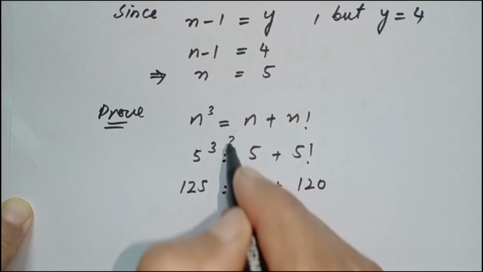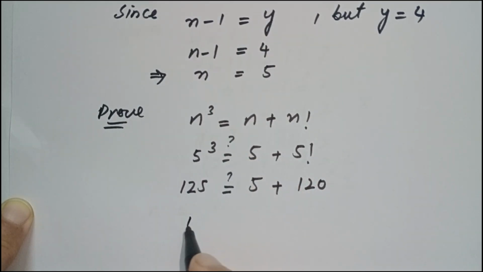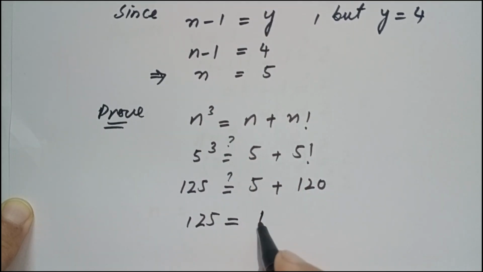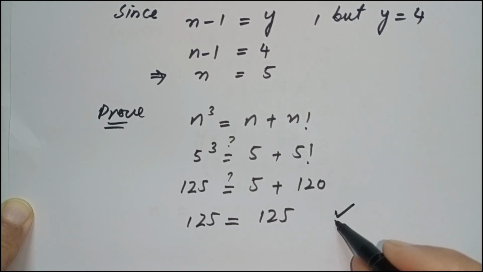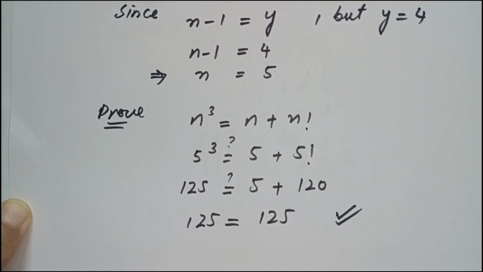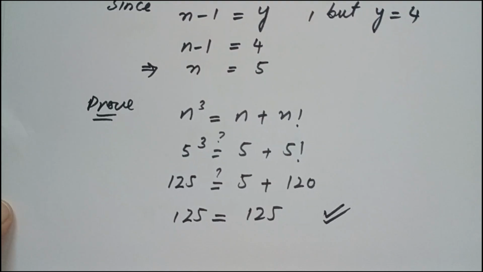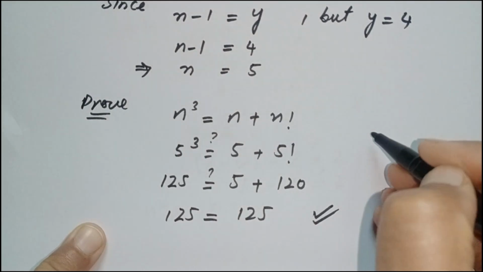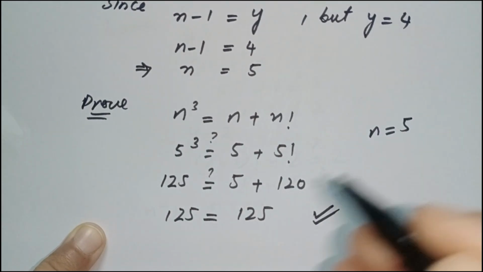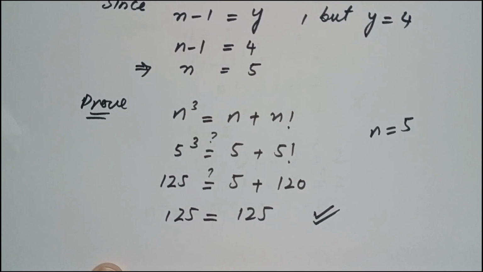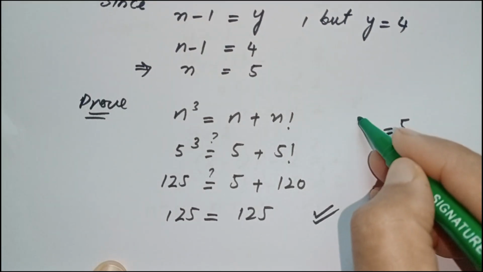So 5 plus 120 will give 125. So it is correct. It is proved that the value of n is correct. N is equal to 5. So it is the answer.